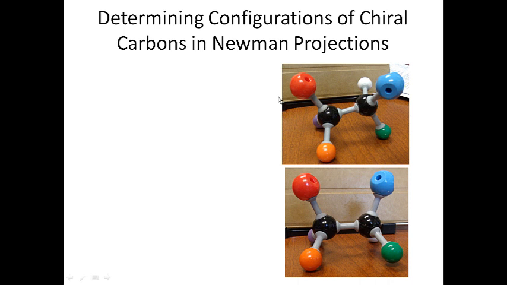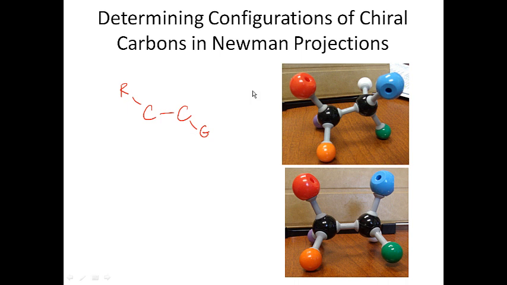So if you looked at this molecule over here on the right, what I essentially have is a carbon-carbon bond that's in the plane of the screen. This red group, which I'll just call R, and this green group down here are also in the plane of the screen, and so I would give those regular bonds.